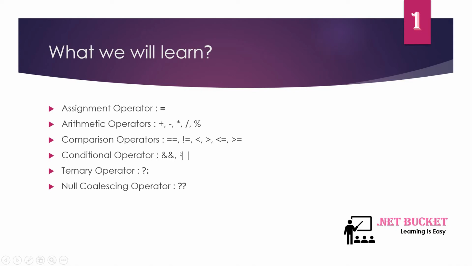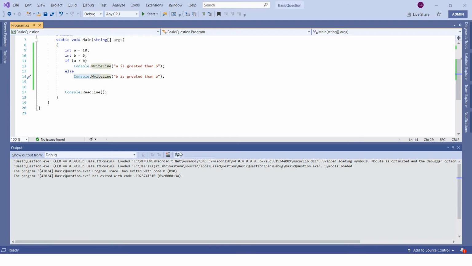So what is a conditional operator? We have given one condition here, right? We have used one comparison operator here. If we want to club multiple conditions, at that point in time we can use this.